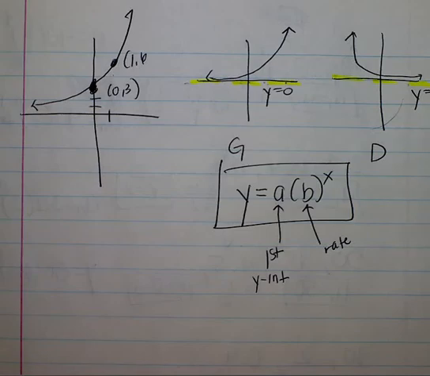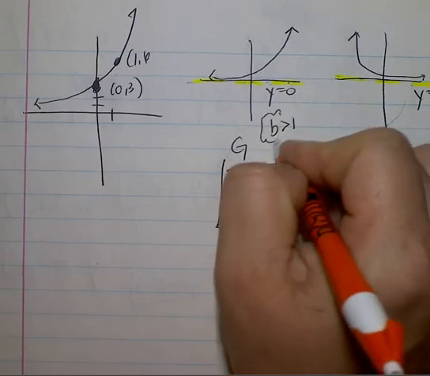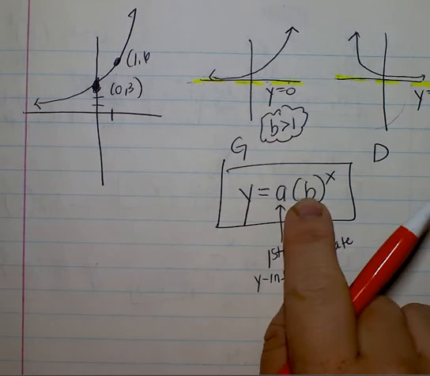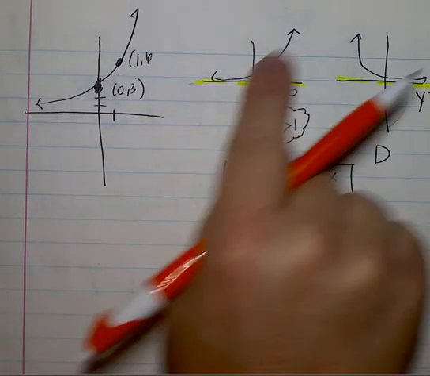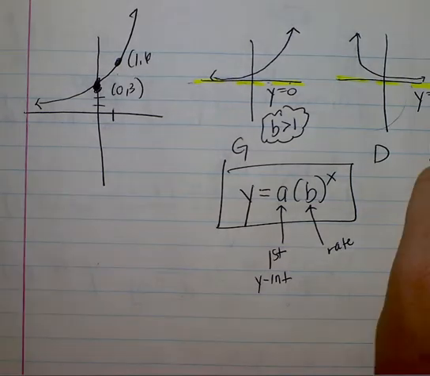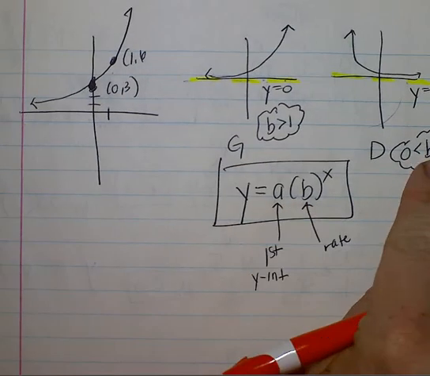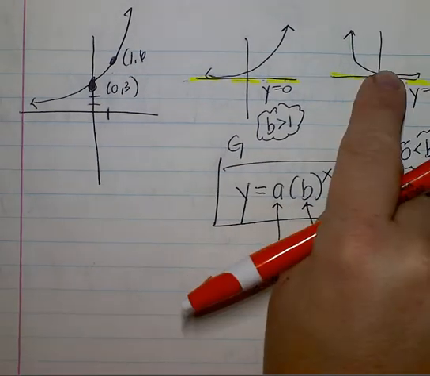With exponential growth, this B value is always greater than 1. If the B is less than 1 but greater than 0, we know it's going to look like this. It's going to be an example of decay.